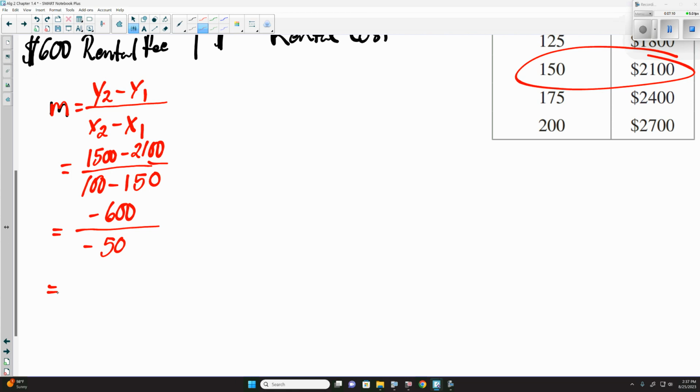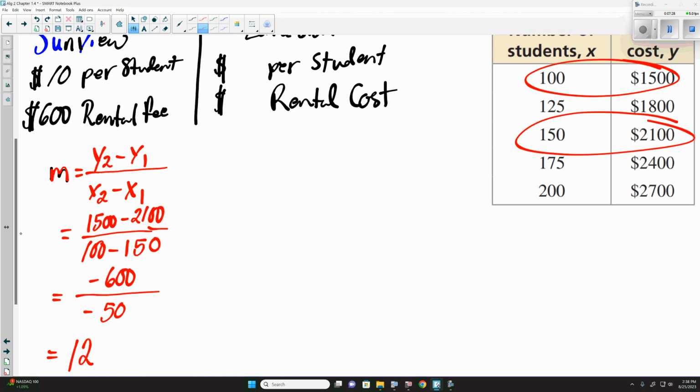A negative divided by a negative is a positive, and 600 divided by 50 is 12. So the cost per student is 12. Which one's cheaper per student? Sunview, because Sunview is only how much? 10.